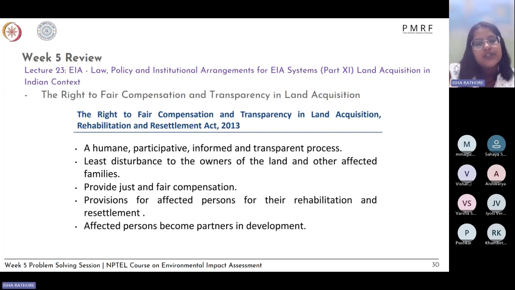And it has provisions for affected persons for their rehabilitation and resettlement. The affected persons become partners in development because of this Act, because at different points their opinions and their feedback are considered in the consultation practices which happen. So they become partners in the development of the project.